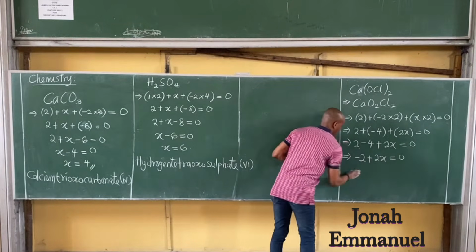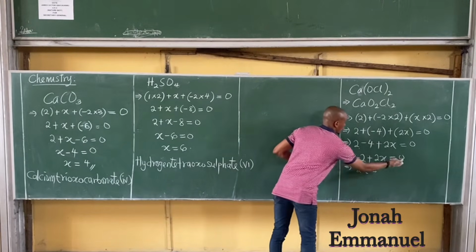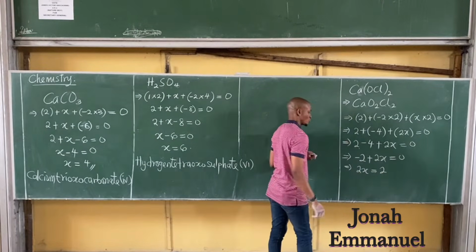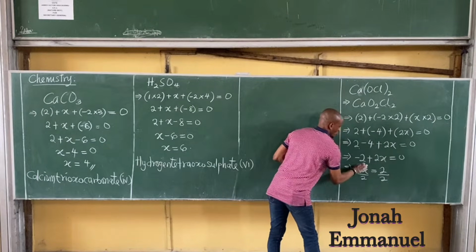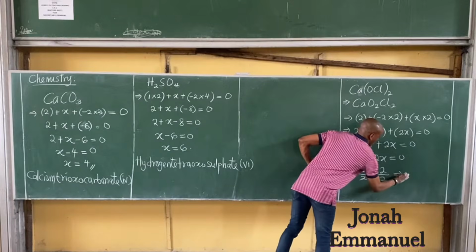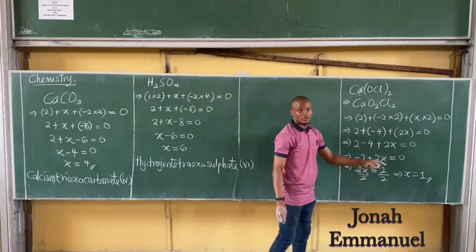Move this one over here, so 2x is equal to -2, which becomes plus 2. Divide both sides by 2. This cancels. What does it mean? X is equal to 1. So the chlorine is +1.